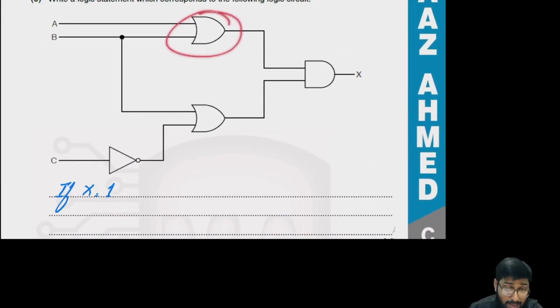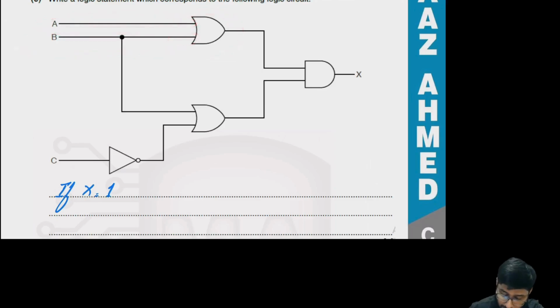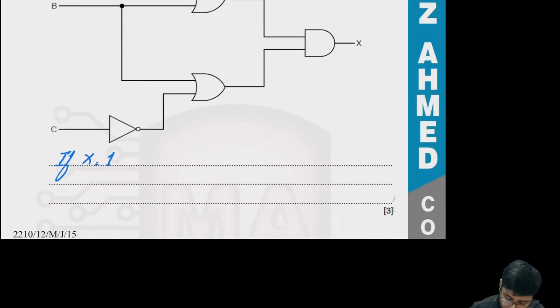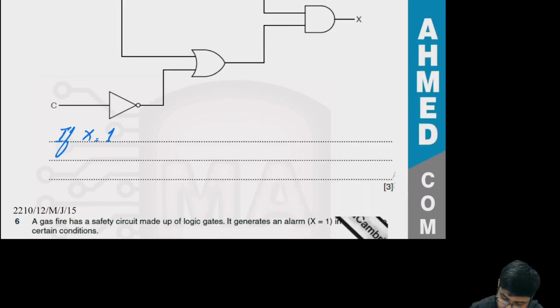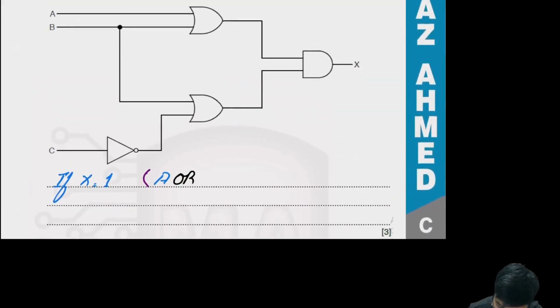This is the first major gate, and the first input is coming from A and the other input for this OR gate is coming from B. So we are going to write it down in this particular manner. If X equals 1, A or B. We are utilizing an OR gate. A or B. This is one of the statements that has been completed.